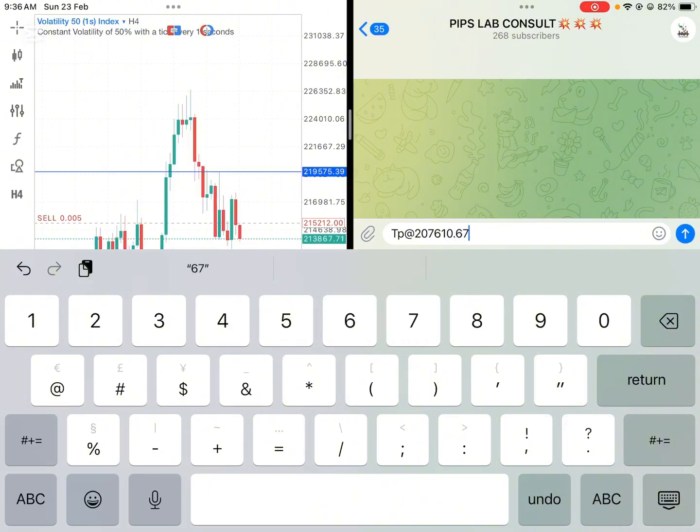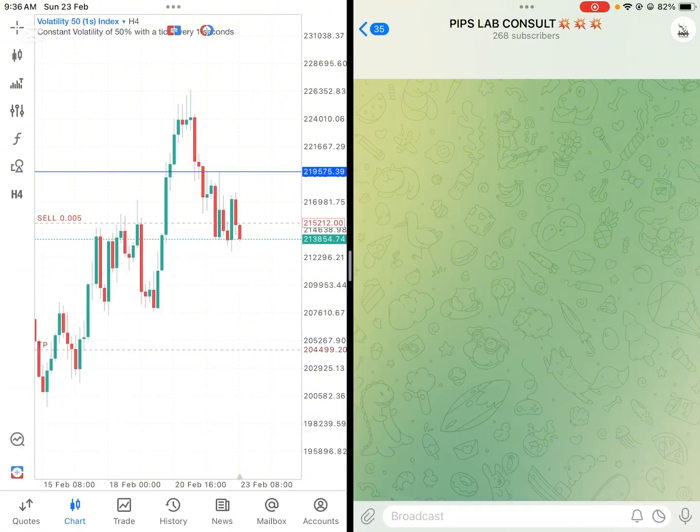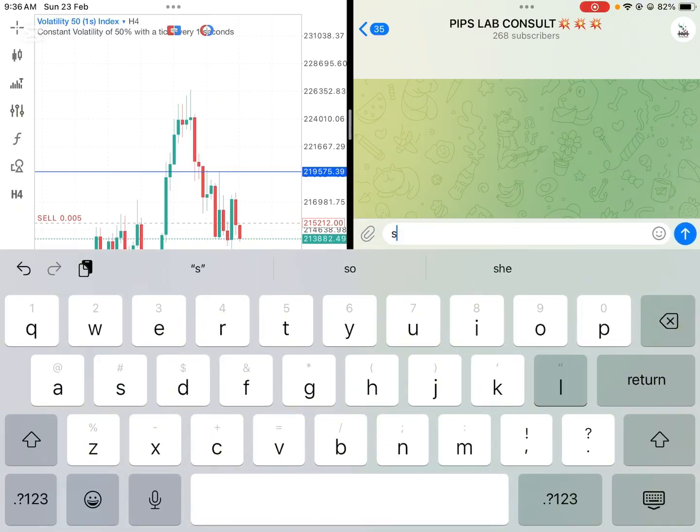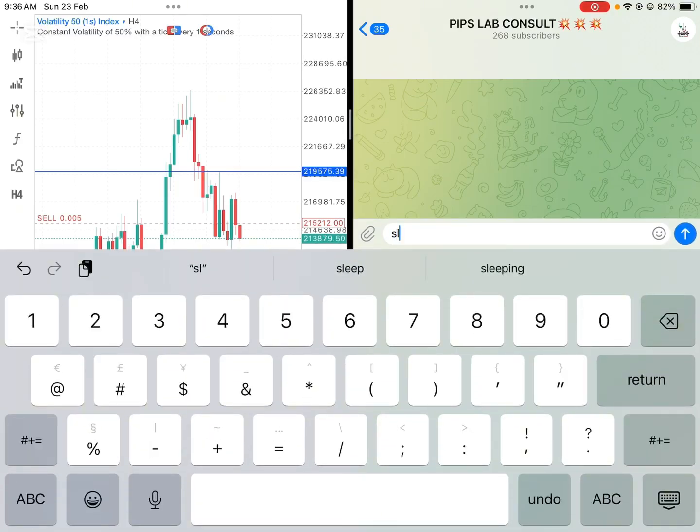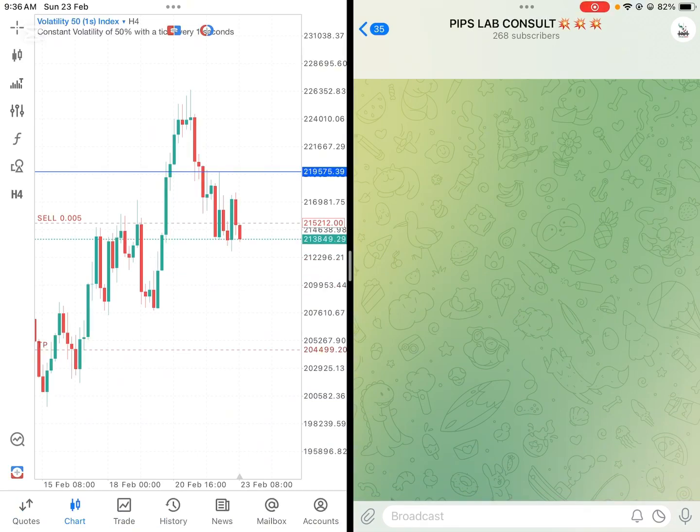SL around 219575.39. So that's the trade idea for this.